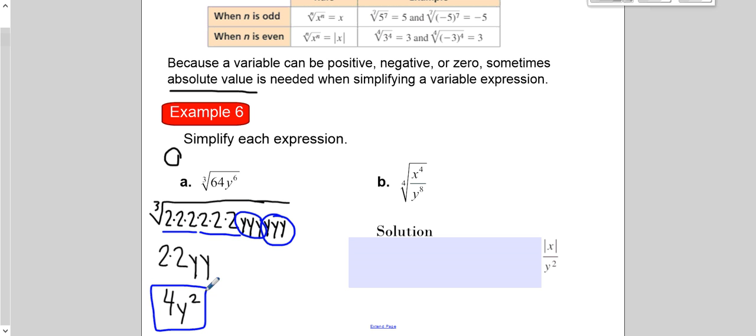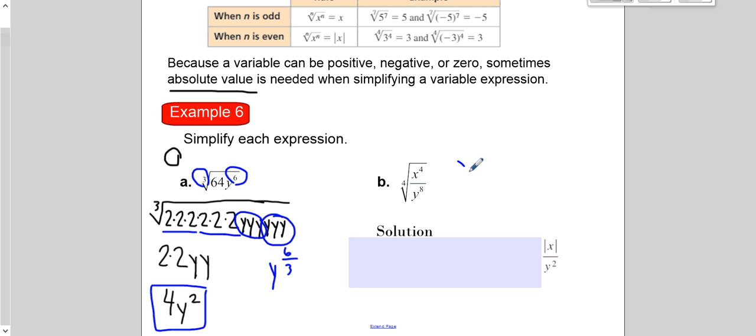Now, there's got to be a shortcut to this, right? So it's 2 to the 6th and y to the 6th. Well, remember, when we rewrote these as fraction exponents, that was the same as y to the 6th divided by 3. The index became the denominator of the exponent. 6/3, that's 2. So let's think about that with this one.